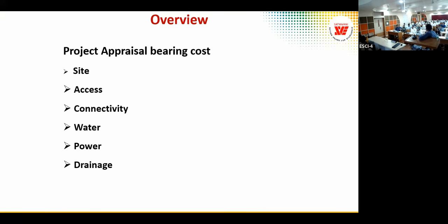It has a big bearing on the cost, whether it is labor camps, drinking water, construction water, or maintenance water. And power availability: sometimes we have to create a substation for the sake of the project, a power station, diesel generators and all. We estimate the cost, which will have a bearing. That is where our site visit or data collection will help in arriving at a realistic cost of these additional items.